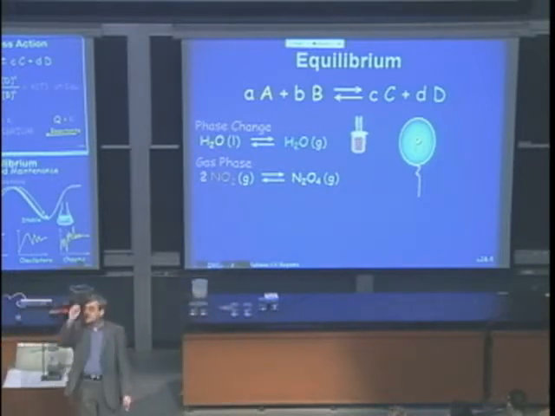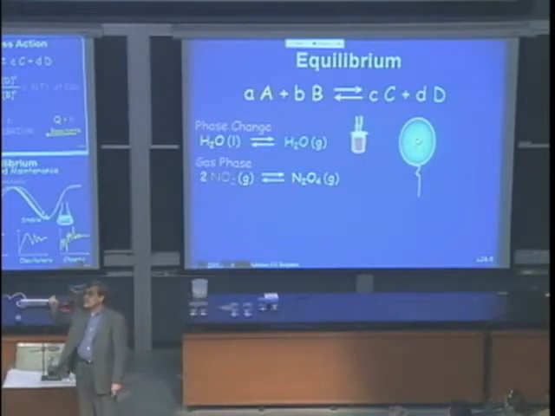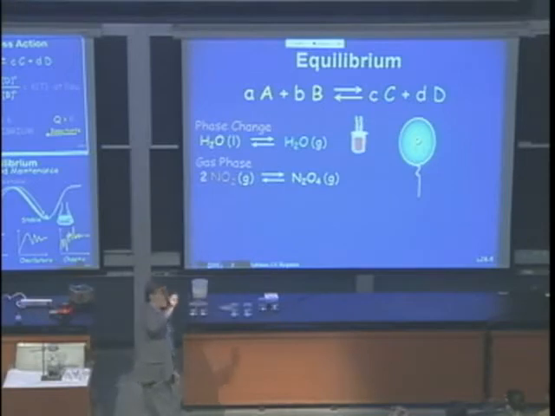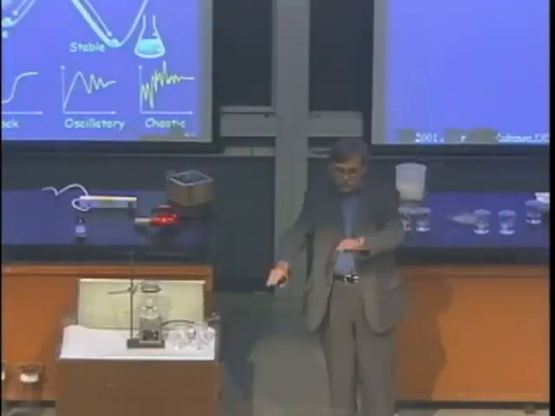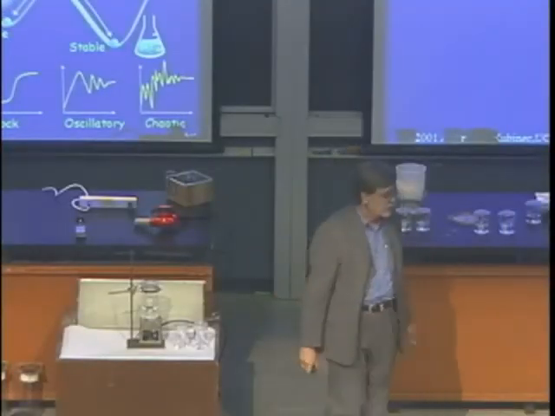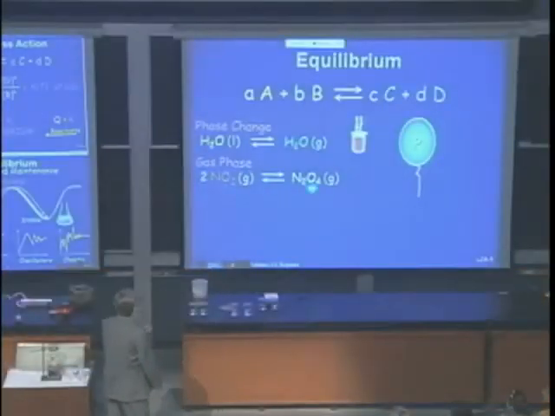If delta G naught is larger than 0, nothing goes. If delta G naught is smaller than 0, it goes in this direction. Once it has equilibrated, then delta G is 0 for both of them. I'm sorry, I'm killing these people here. And it goes back and forth and back and forth. All right?